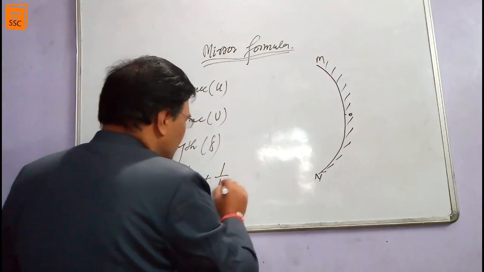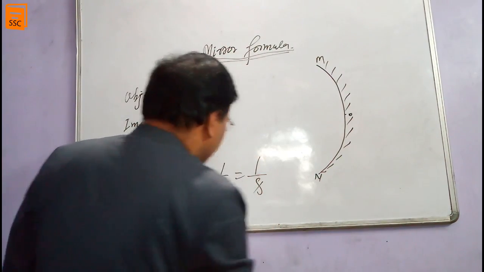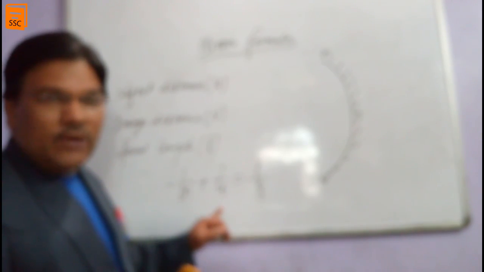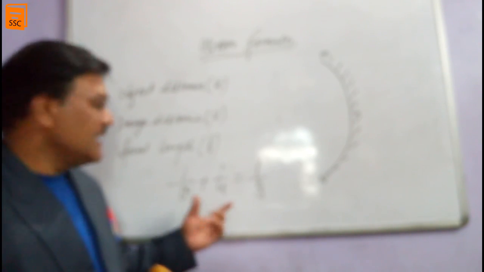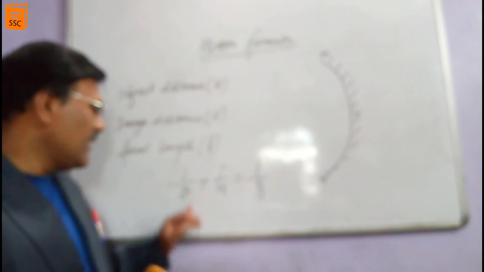According to the mirror formula, 1/V + 1/U = 1/F. What does it mean? 1/V means the inverse of image distance, 1/U the inverse of object distance, and the sum of these two is equal to the inverse of focal length. In short, 1/V + 1/U = 1/F.